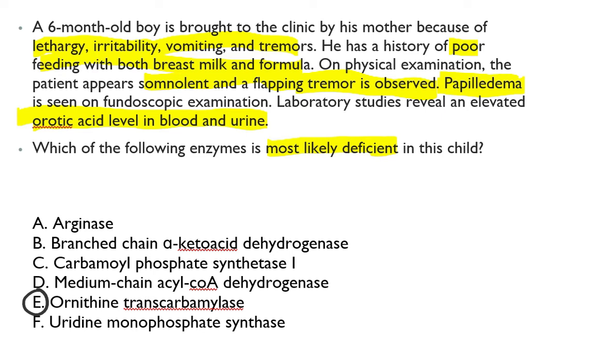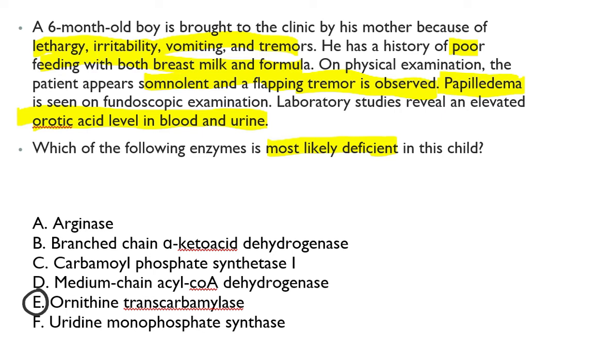And so if this enzyme is defective, then there's not as much carbamyl phosphate being converted into citrulline. So that carbamyl phosphate is going to be shunted into de novo pyrimidine synthesis and cause elevation in orotic acid. And since there is elevated ammonia, that's the hyperammonemia, which is causing the neurological defects.